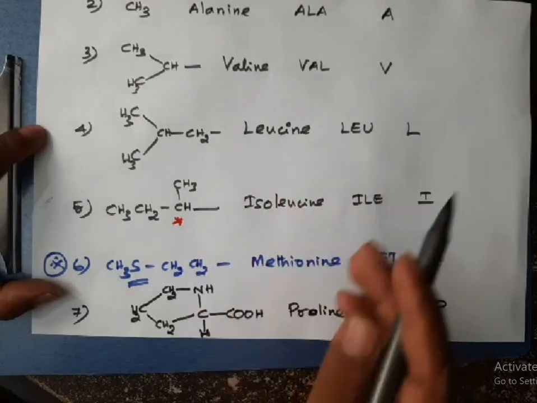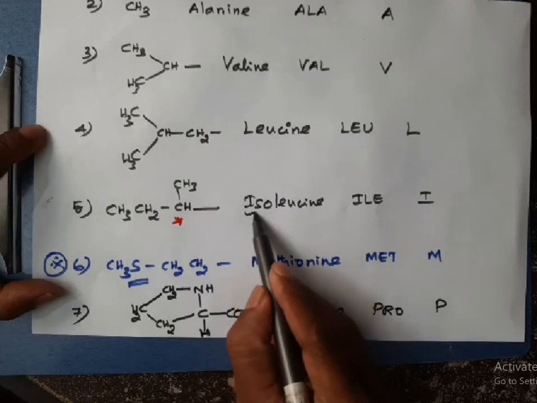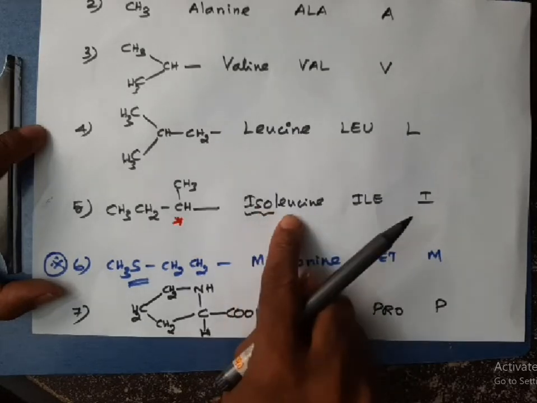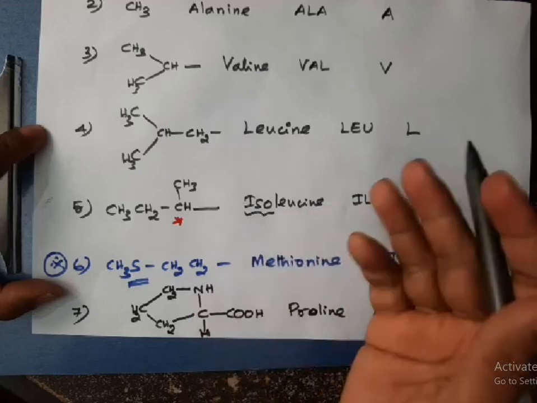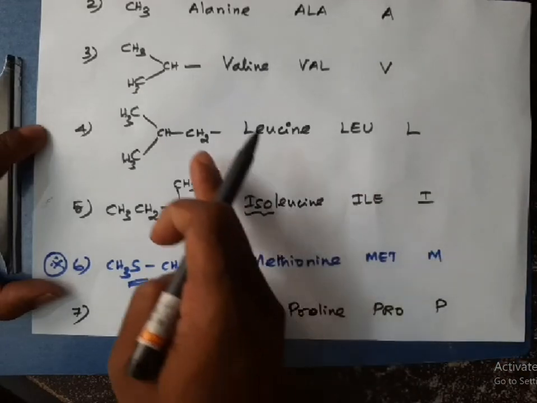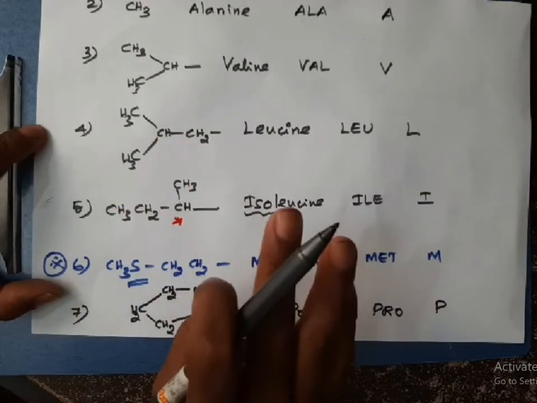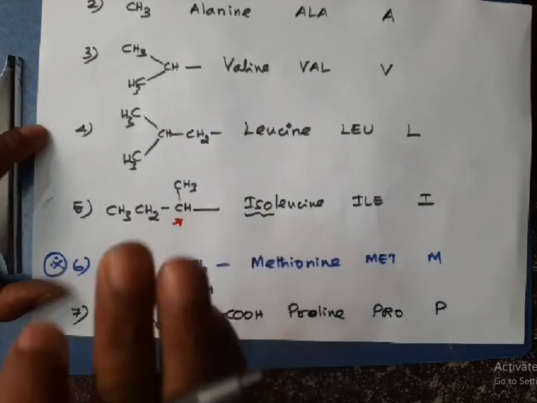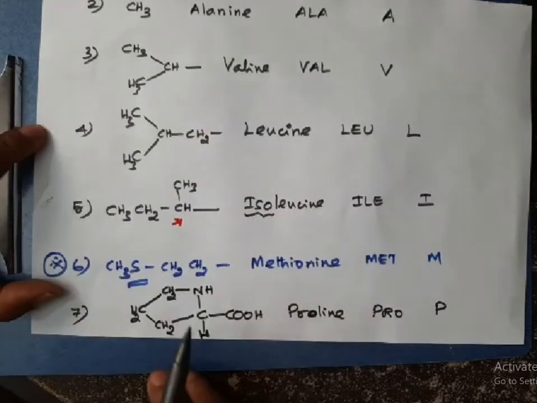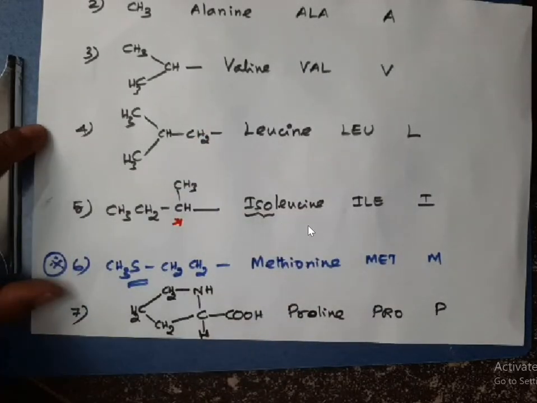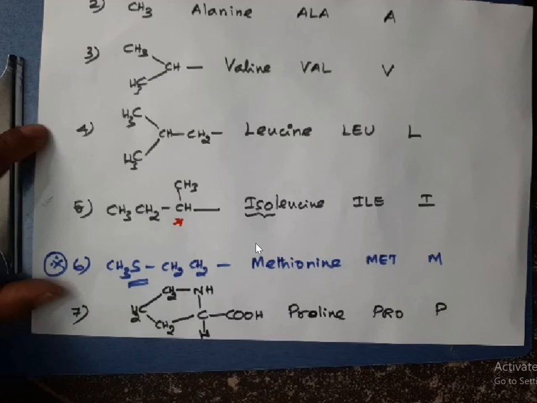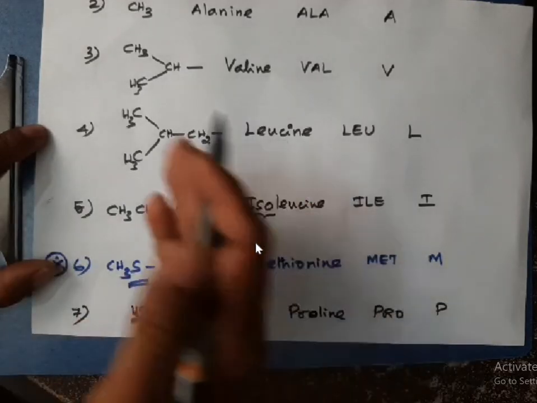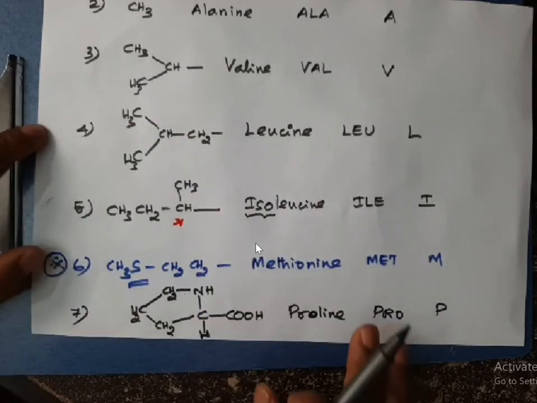Keep this in mind, this is very important. Often people commit a mistake here. What people normally say is that isoleucine consists of an isobutyl group. No. Leucine consists of an isobutyl group. Isoleucine consists of a secondary butyl group. Just because of this letter iso, don't get confused.